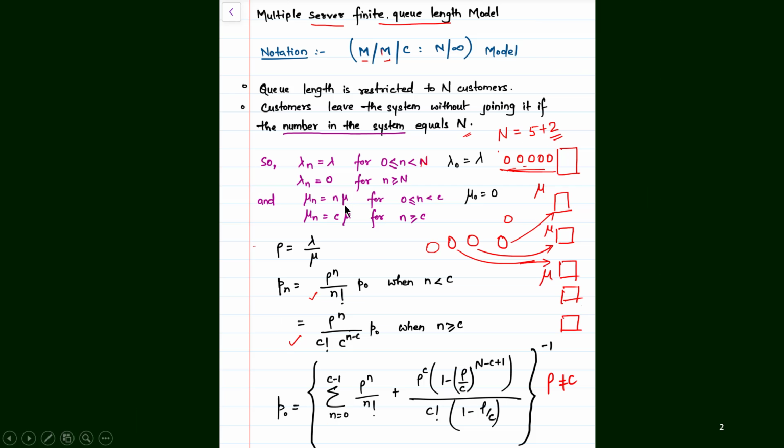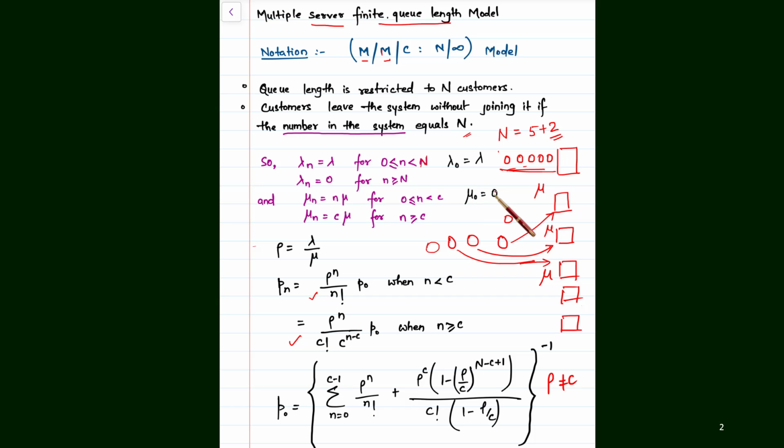Actually here in this problem, c is equal to 2. So mu 0, how much will be the mu 0? Mu 0 means there is no customer in the system. So if there is no customer in the system, mu 0 will be 0, there is no service actually.